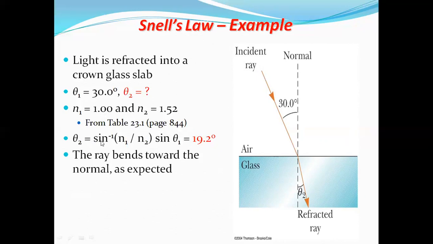Previously I showed you theta 1, the angle on the incident side, and theta 2, the angle on the refracted side, with the refractive indices. From these equations we get the result for the refraction angle, that is 19.2. This is a very easy mathematical problem I show you.